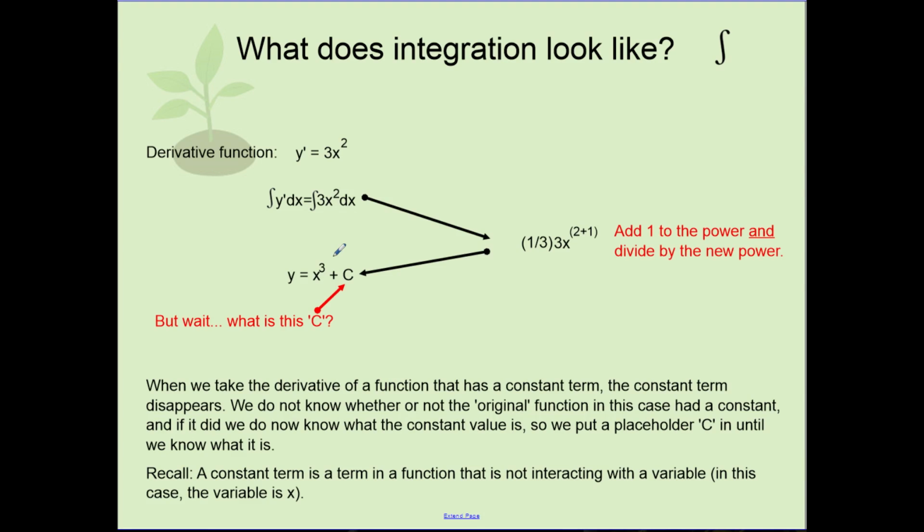The reason for that is because when we take the derivative of any function that has a constant term that's not being multiplied by a variable, that constant term just disappears, right? So when we're taking an integral, since this is the reverse of a derivative, we need to put in this plus c just in case there is a constant in that antiderivative.